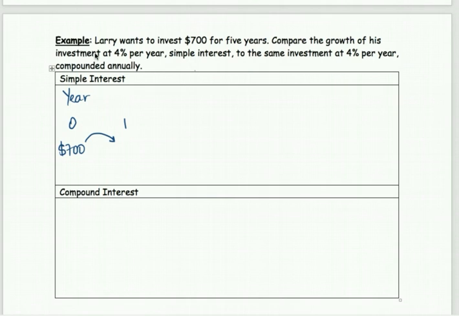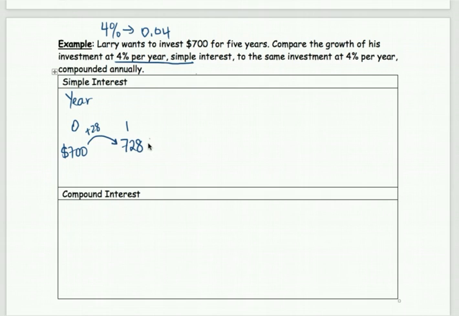So we're going to calculate 4% simple interest. 4% as a decimal, you divide by 100, and you get to here. So I'm going to multiply by 0.04, and then you end up with $28. So in the first year, you have $728 now in your account.